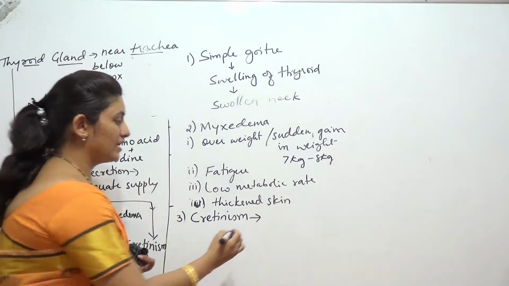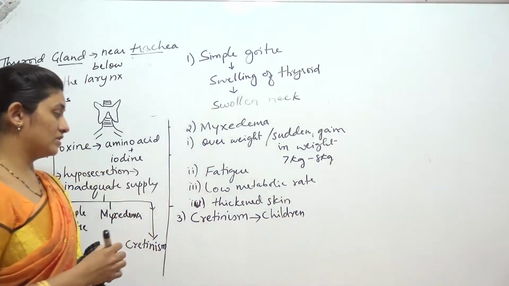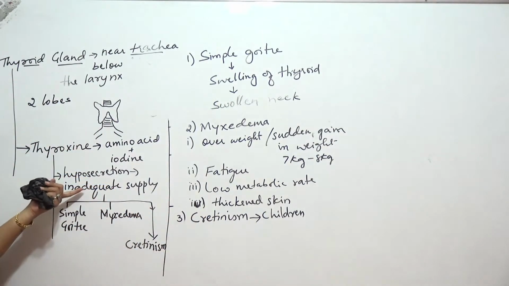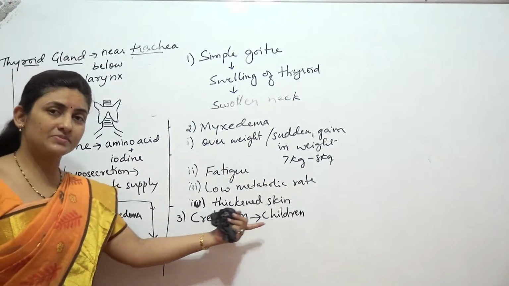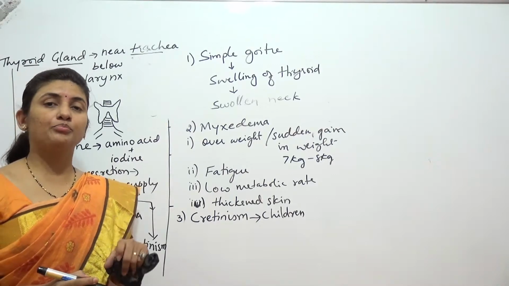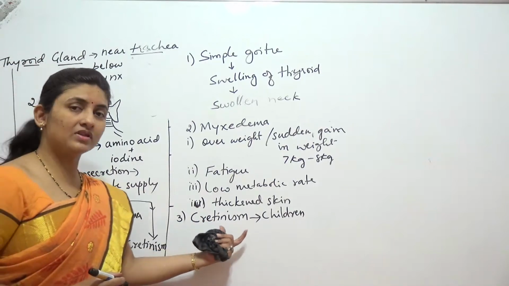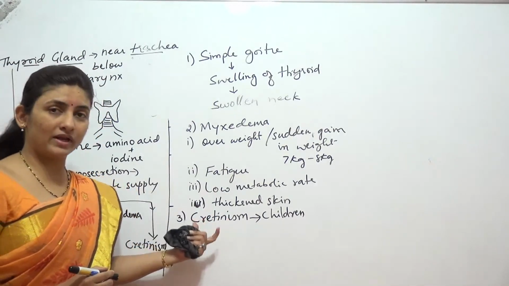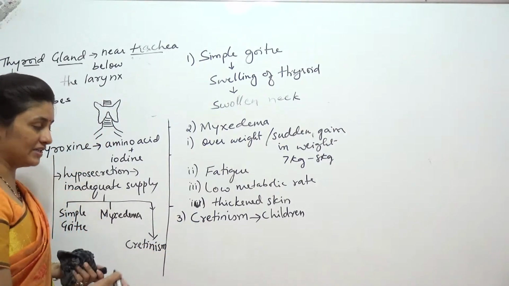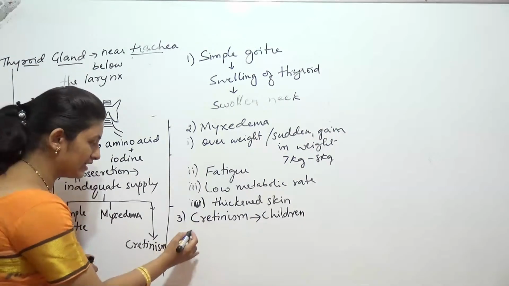This condition is usually seen in children. This cretinism is an undersecretion or inadequate supply, hyposecretion, especially seen in children whose thyroid gland is improperly functioning right from the birth. When the improper functioning of the thyroid gland is seen right from birth, the child has the condition of cretinism. How can we know that the child is suffering from cretinism?